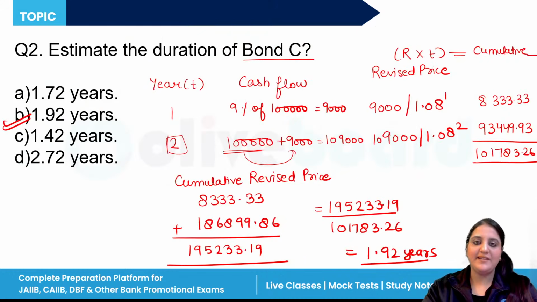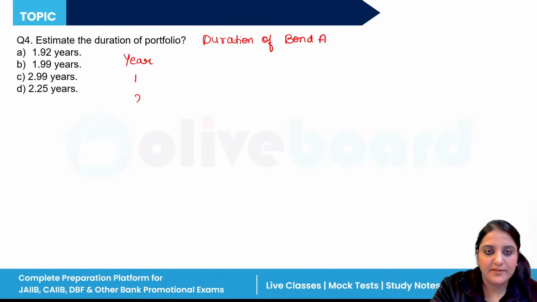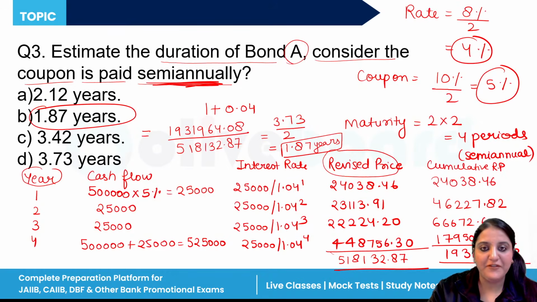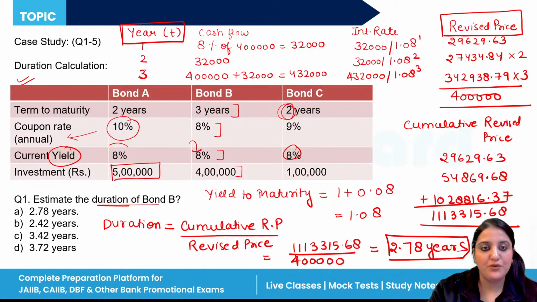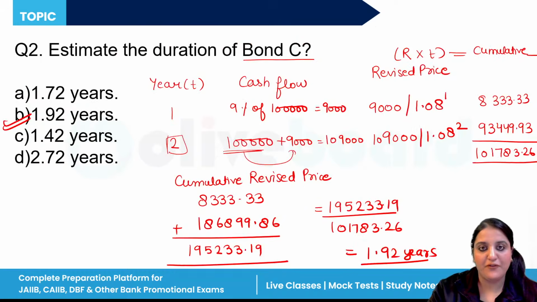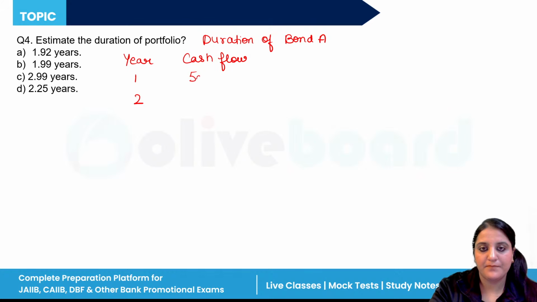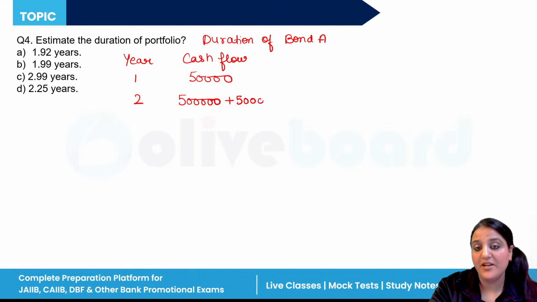So let's come and calculate this. 2 years cash flow is this 5 lakh, and we have to calculate the 10% of 5 lakh. And what is the 10% of 5 lakh? It is 50,000. So now in the second year, which is the maturing year, so 5 lakh plus 50,000 is equals to this 5 lakh 50,000, right?